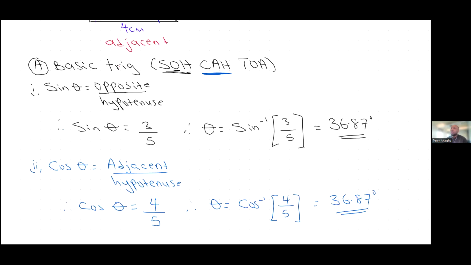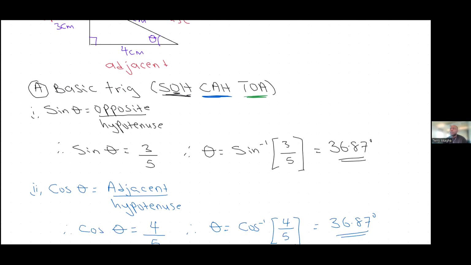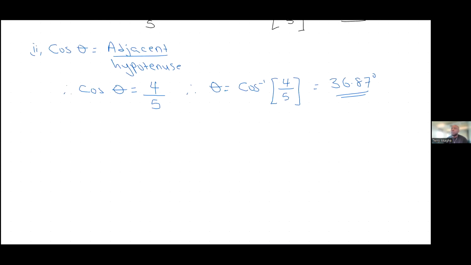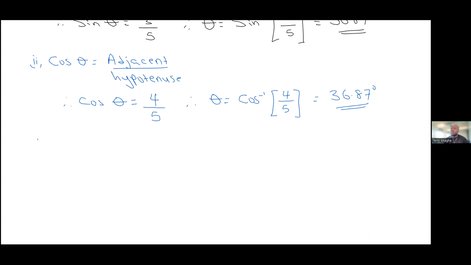Okay? Then finally, let's try with tangent. Tangent is the opposite divided by the adjacent. So number 3, tan theta is equal to the opposite divided by the adjacent.